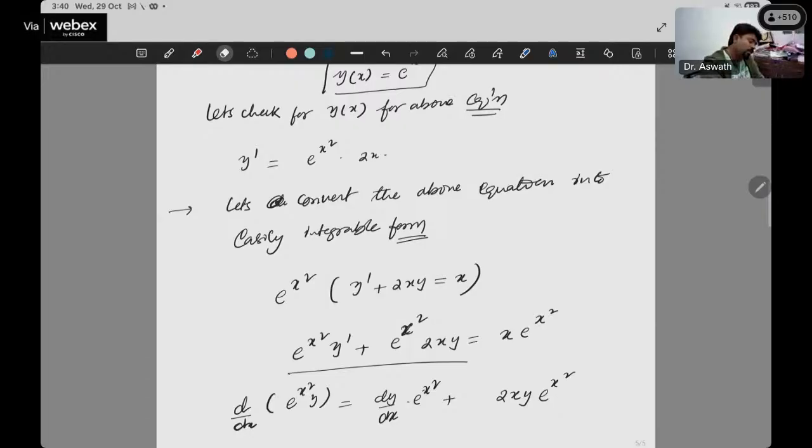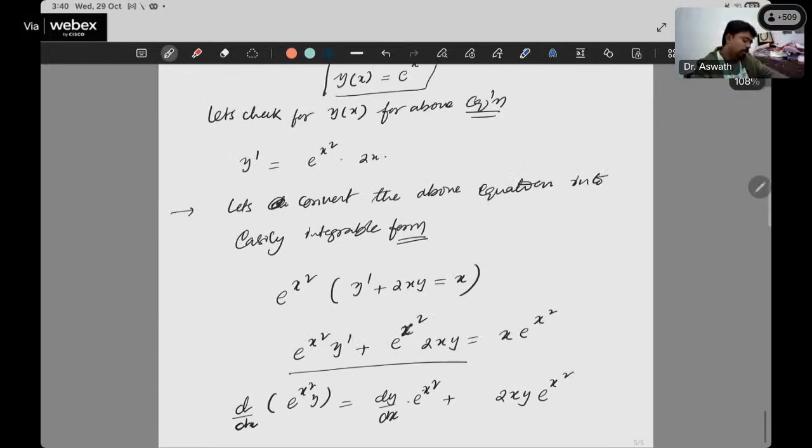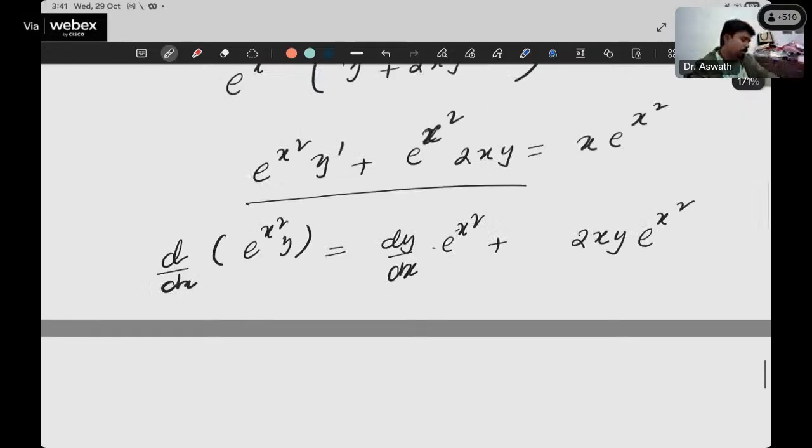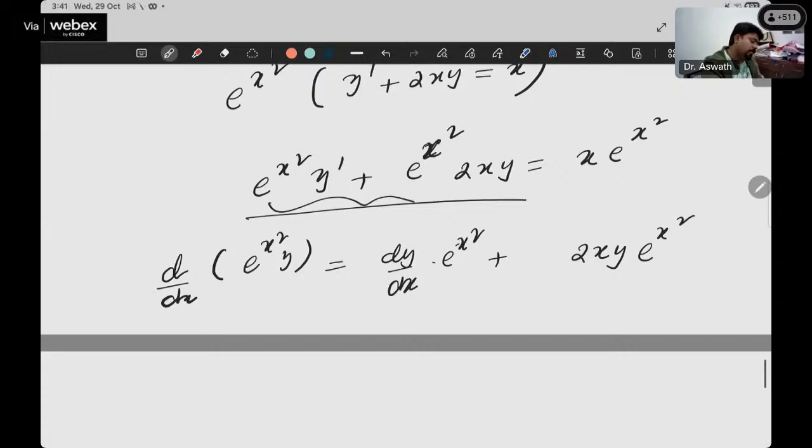So the left hand side I replace by the derivative of exponential x square into y, which is equal to x into exponential x square.